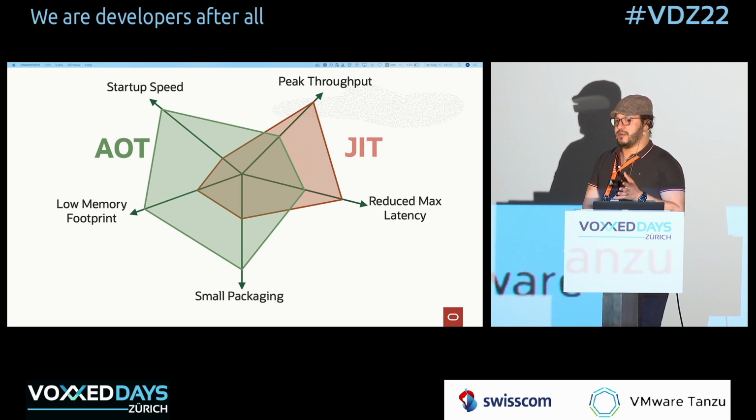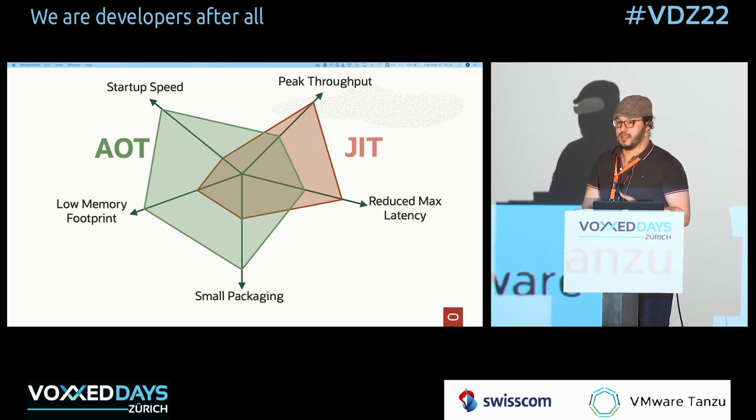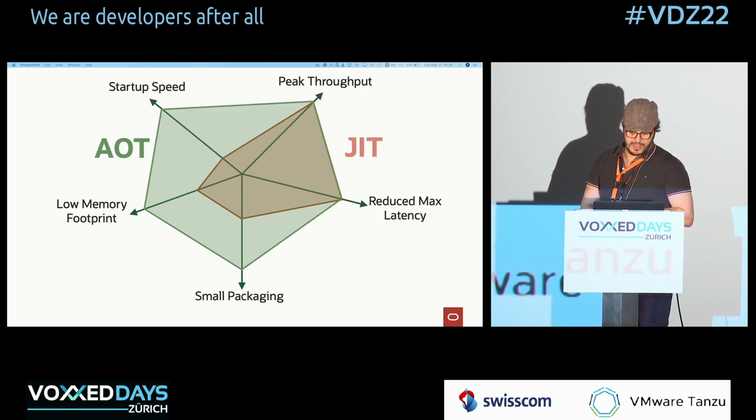But for peak performance, you're not getting much, because your application cannot run optimizations when it's running, right? You already compiled the application ahead of time, so there is no way for you to gain any performance by running the application and getting optimizations.